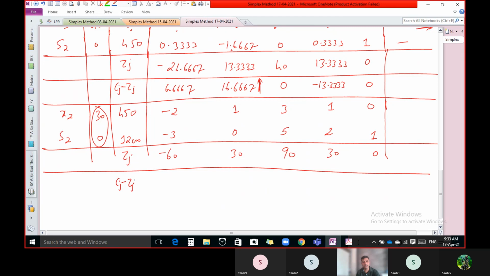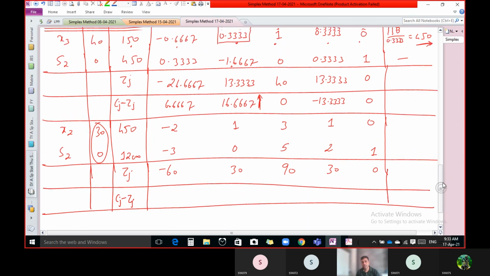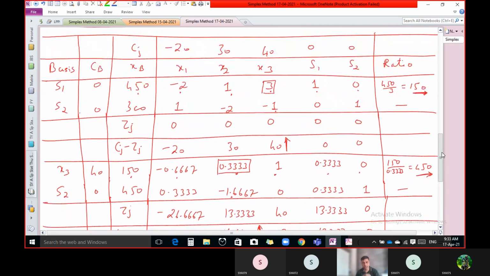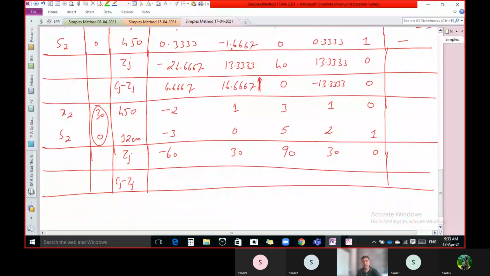Now next one, Cj minus Zj. Cj, see the value of Cj here. Cj is what? Minus 20, minus 20 minus minus 60, minus 20 plus 60, so we get plus 40. Then 30 minus 30, we get 0.